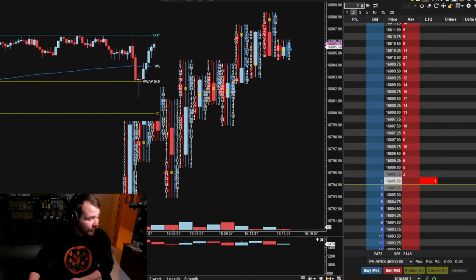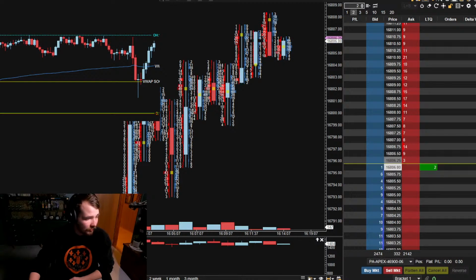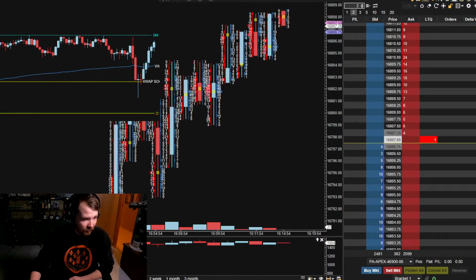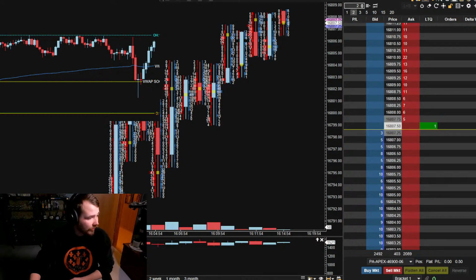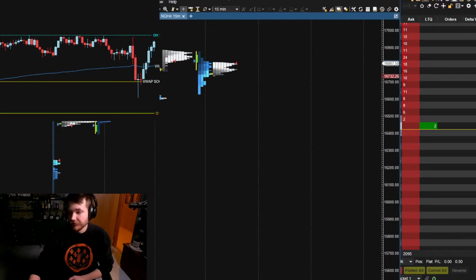I have to put the tick interval a little, change the settings a little bit. This is a little awkward. I'm gonna put the ETH session, split them a little bit. Now it's beautiful. So here we have NQ.